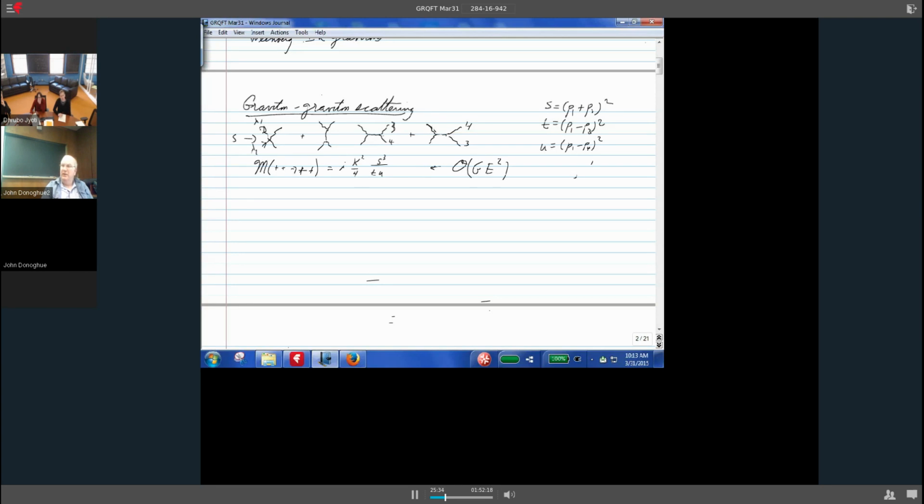Okay, that's actually typical of scattering of 4 bosons, of dimensionless amplitudes. If you remembered, when we did the pion scattering, it was T over V squared. It was the momentum transfer divided by V squared. That's the same pattern here.